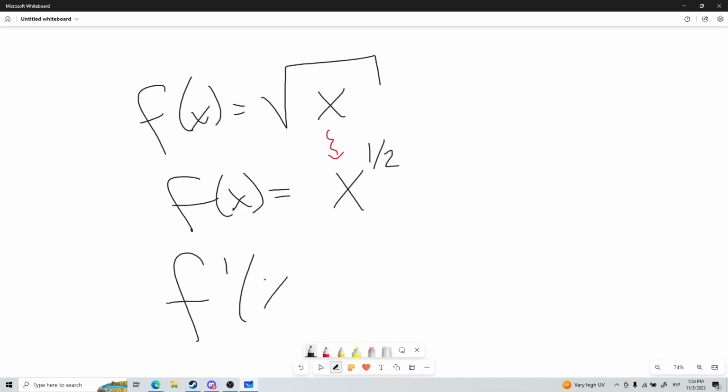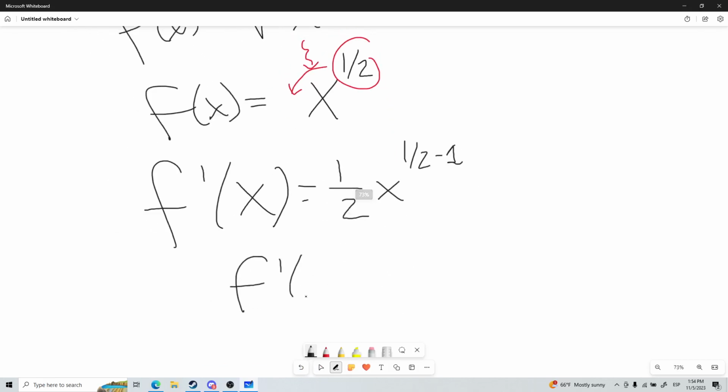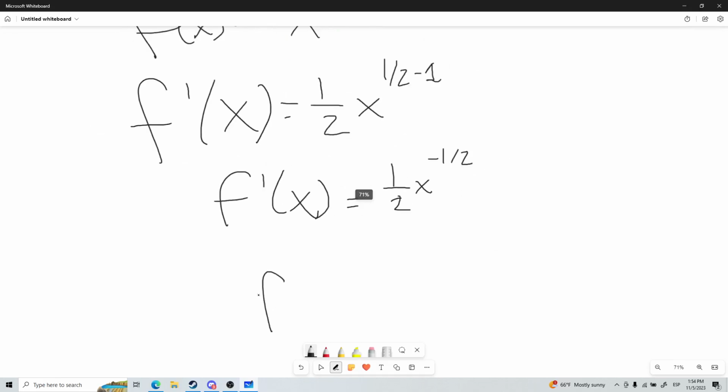Now when I do the derivative, this 1/2 goes in front. So I end up with 1/2 x to the power of 1/2 minus 1. And all this ends up being 1/2 x to the power of -1/2. And so now I leave it a little more pretty because it's convenient.